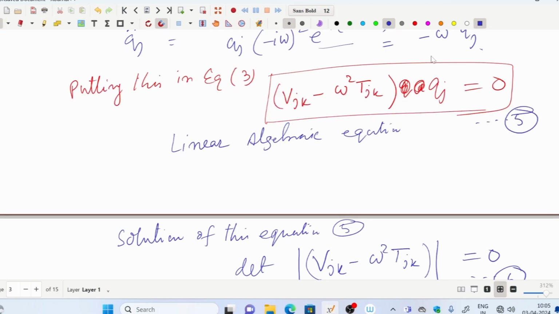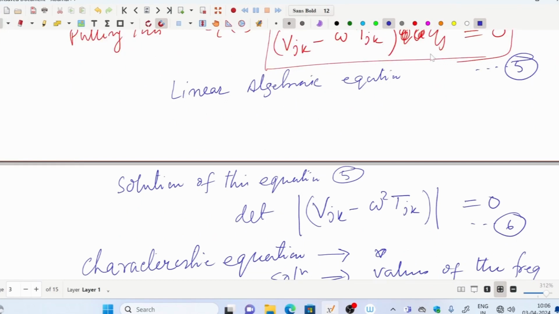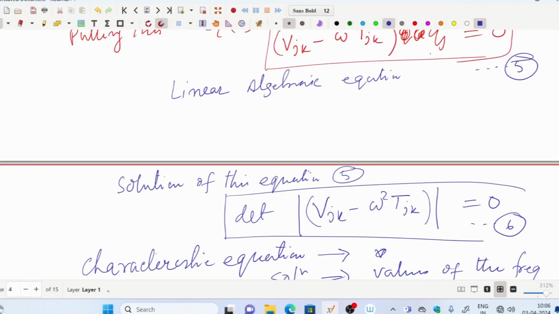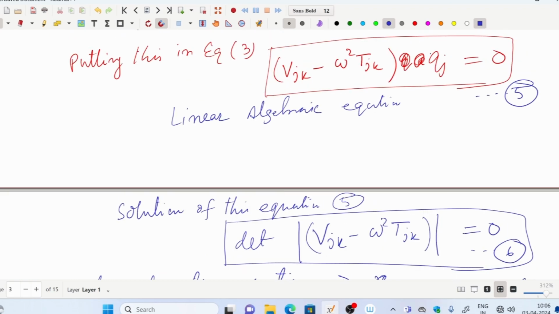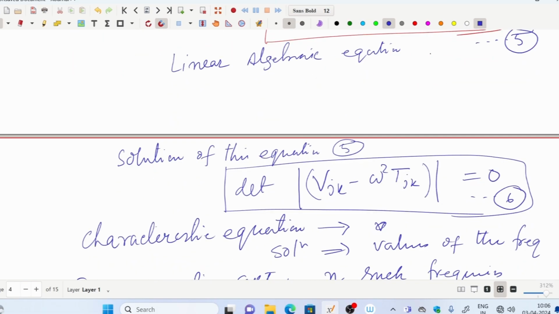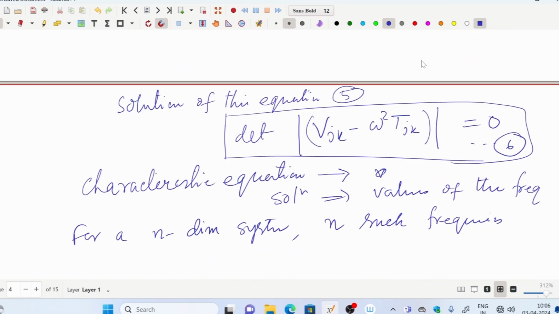For a general n-dimensional system studied near the equilibrium, we are able to find n frequencies of oscillation around the equilibrium position, which can be obtained from equation 6, because equation 5 will have a solution for all A j provided the coefficient determinant is 0. Demanding that, you find the n frequencies of this system.